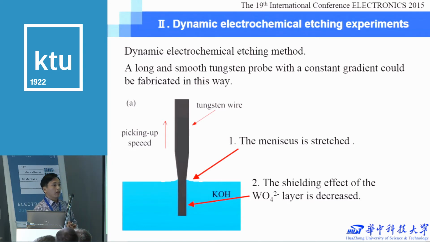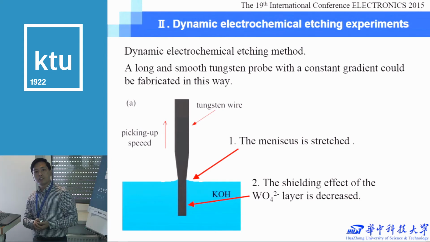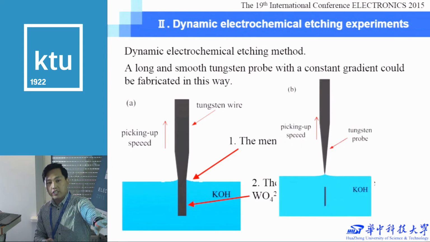So it makes the exit point cube decreased too. And by this way, a long and smooth tungsten probe with a constant gradient could be fabricated, just like this.